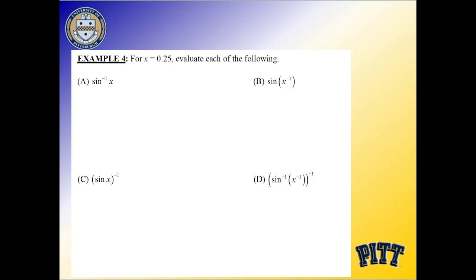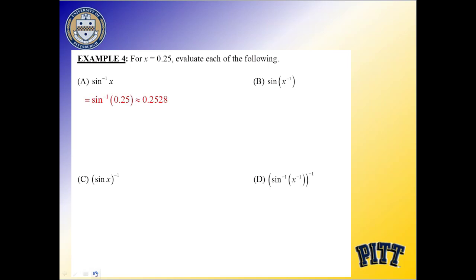So when I look at part A, it says I want to do the arc sine of 0.25. I'm just going to do the arc sine of 0.25, which is the same thing as a quarter, and 1/4 is not a ratio that shows up when I take the sine of one of my special angles. So I get 0.2528.